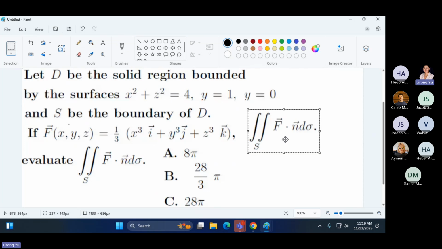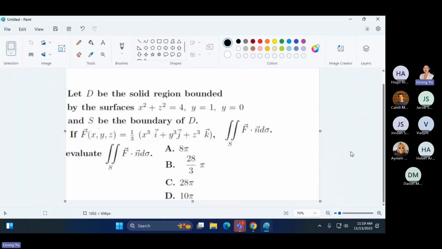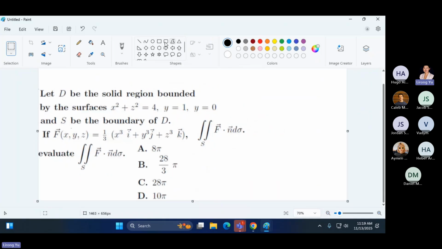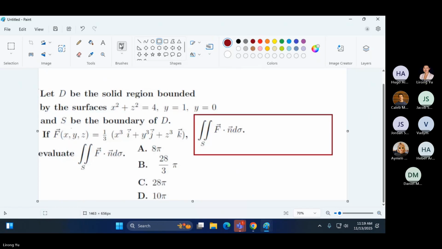This flux calculation is equal to, according to the divergence theorem and using the formula, a triple integral of the divergence of the vector F.